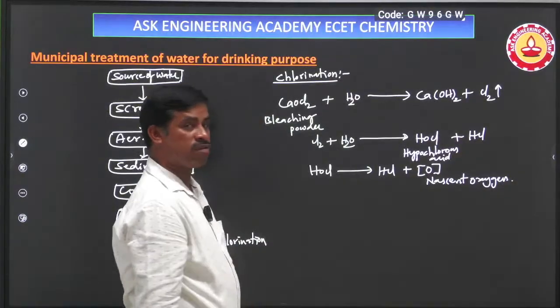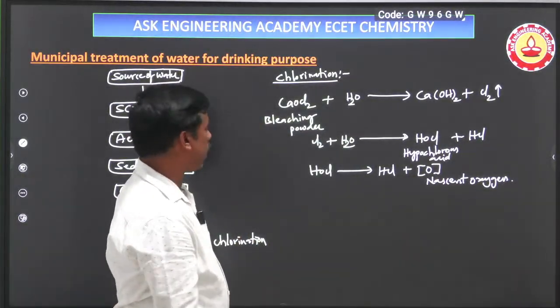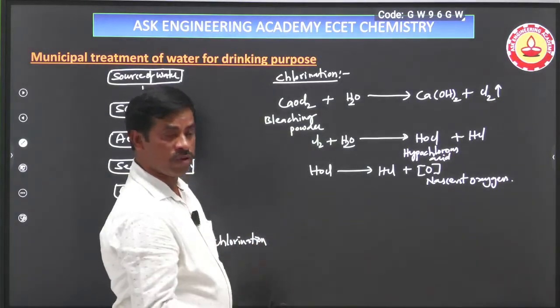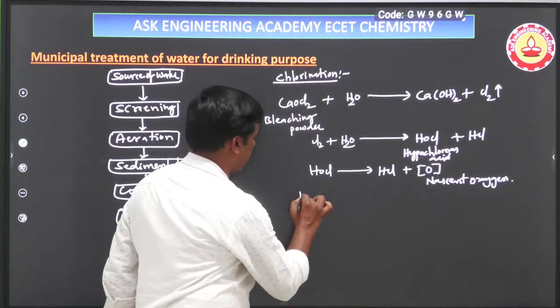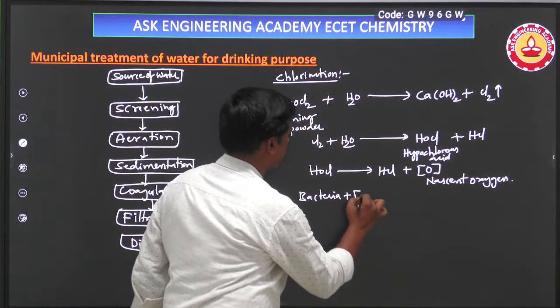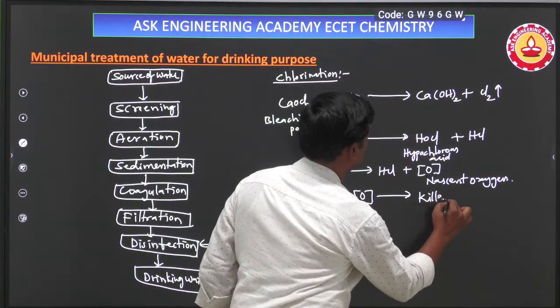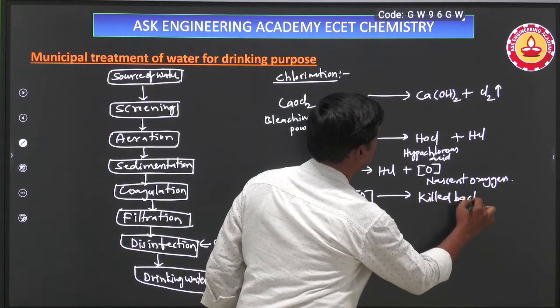This nascent oxygen has excellent characteristics; immediately it combines with bacteria and kills them. Bacteria combined with nascent oxygen produce killed bacteria.